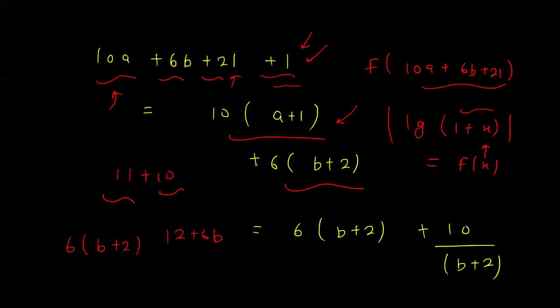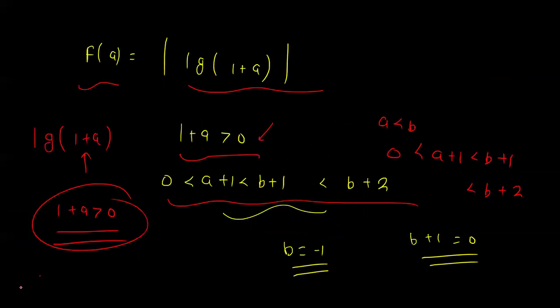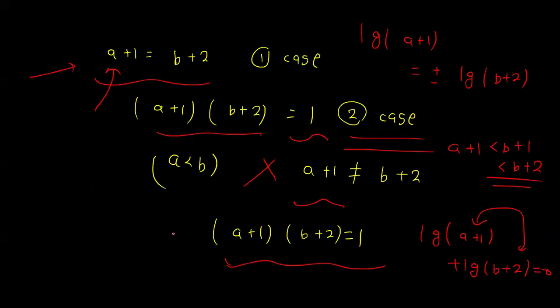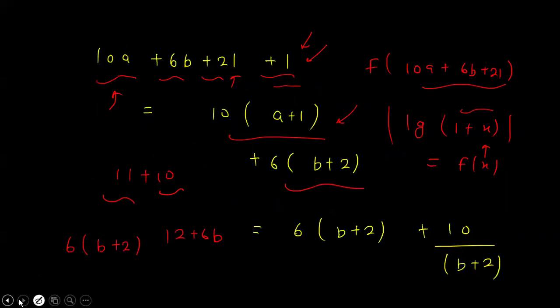And we have been given the condition a plus 1 multiplied by b plus 2 is equal to 1. So from here you can write b plus 2 is equal to 1 divided by a plus 1. So 6 times b plus 2, so this term is here, and instead of a plus 1 you can write 1 divided by b plus 2.